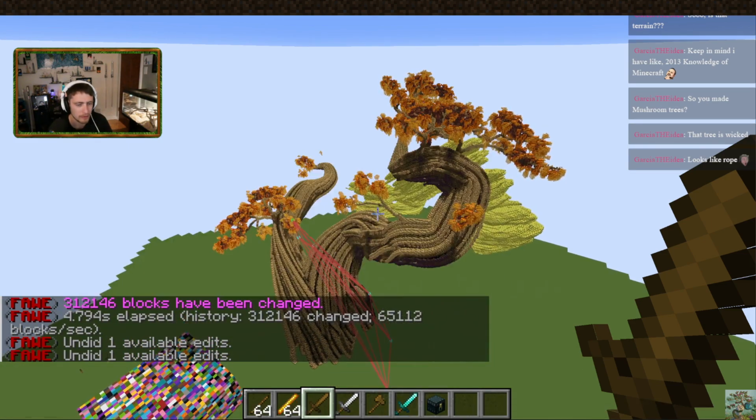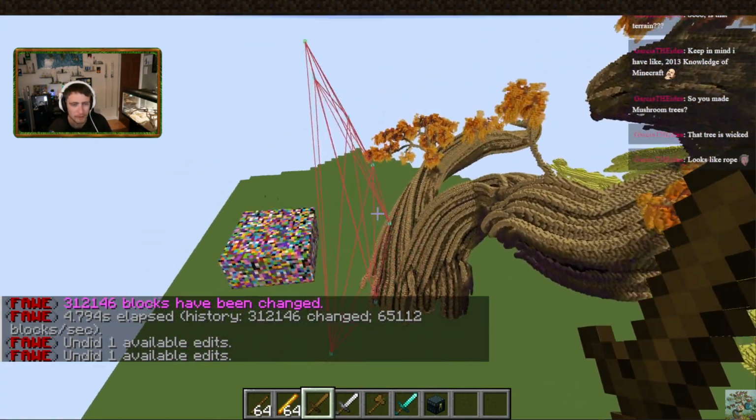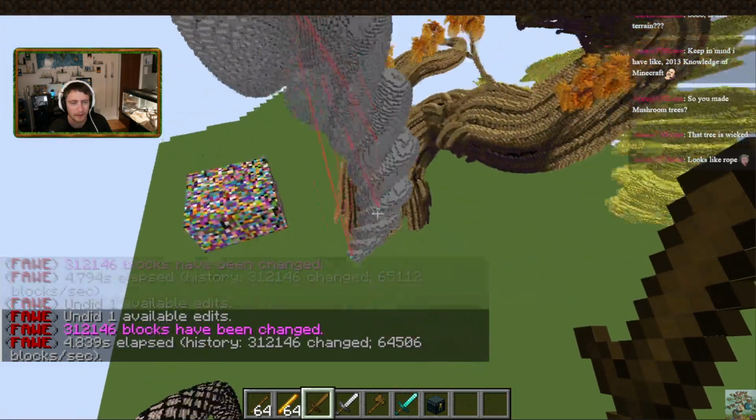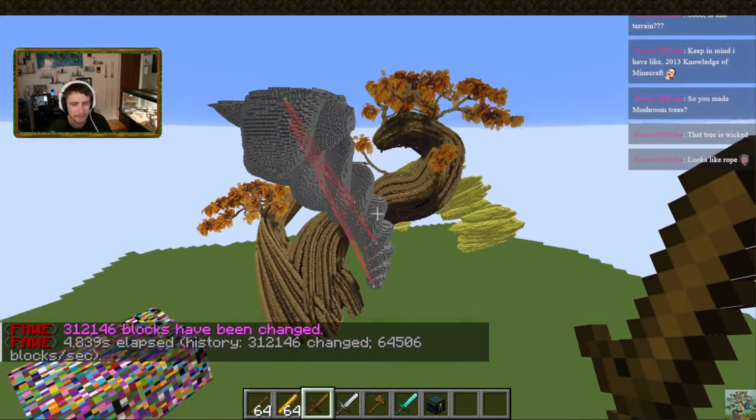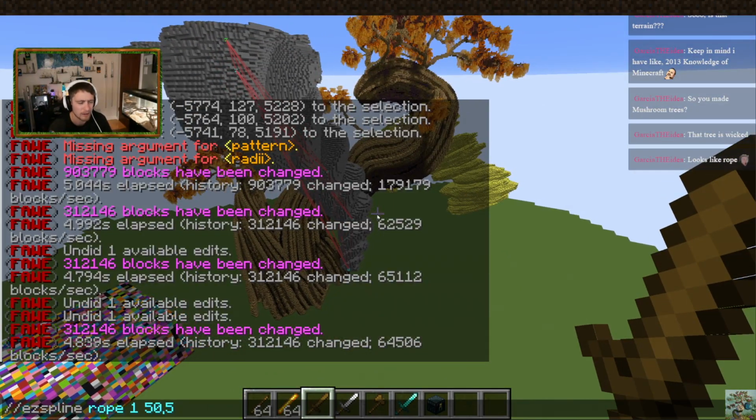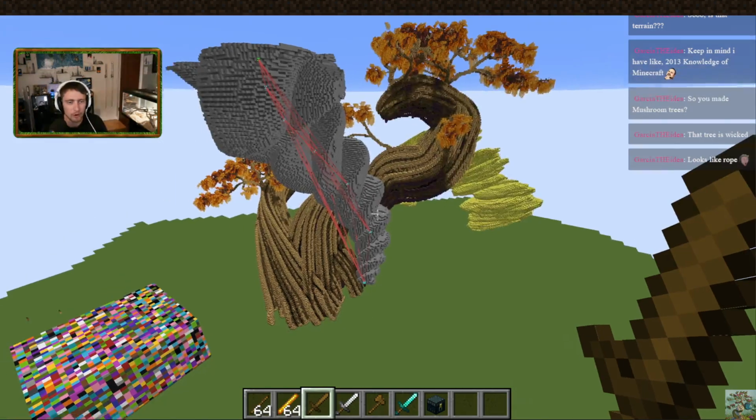There we go. 50, comma 5. There we go. Yeah, it's got tornado vibes. But same concept. And I think if you play around enough with the parameters of it, you can change the number of ropes and all that jazz.